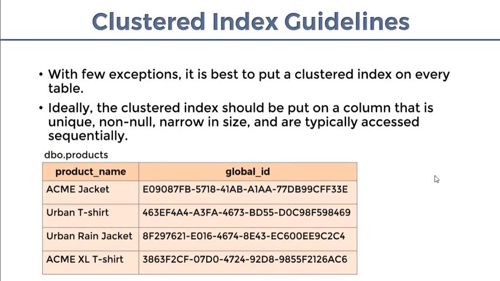So here we have a table of products. We have a column called product name of varchar type, that's 50, varchar type ID. We have a column called global ID, a unique identifier constraint will be given.